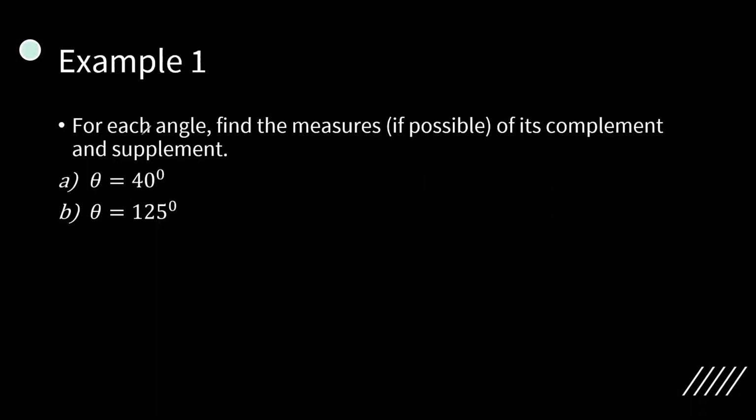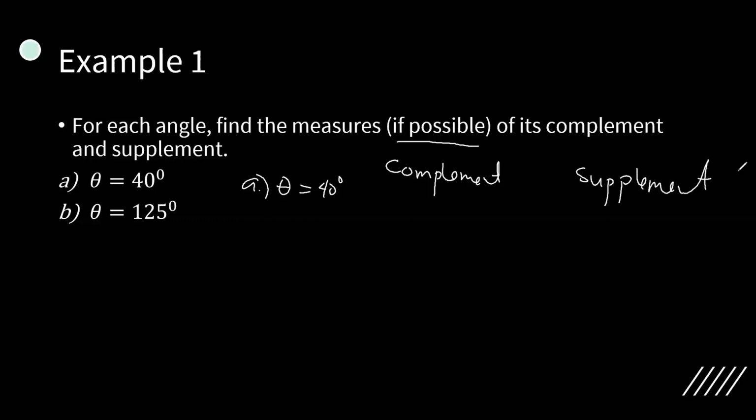So let's have this example number 1. For each angle, find the measures, if possible, of its complement and supplement. So let's start with letter A. Theta, that is the measure of the angle, is equal to 40 degrees. So what is its complement, if there is, and what is its supplement?